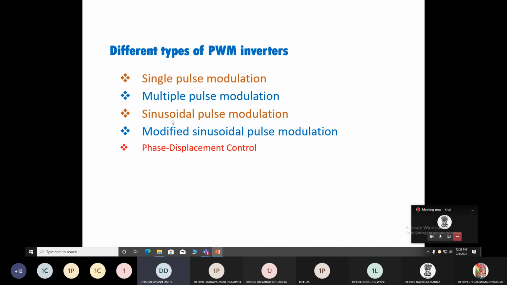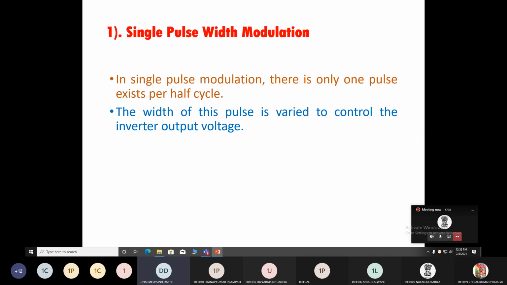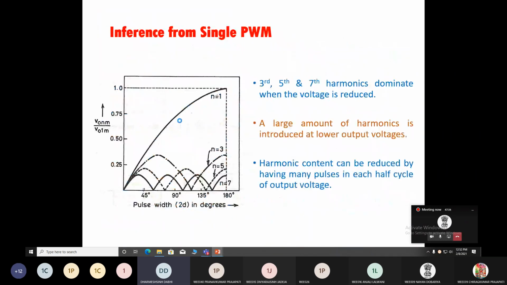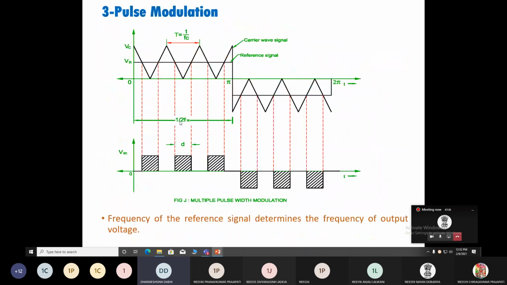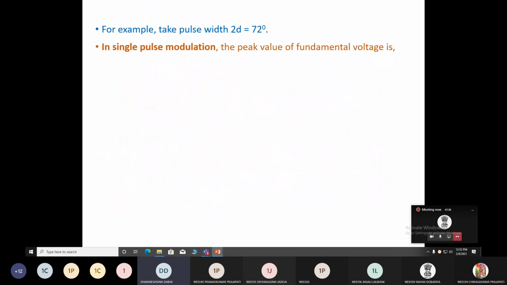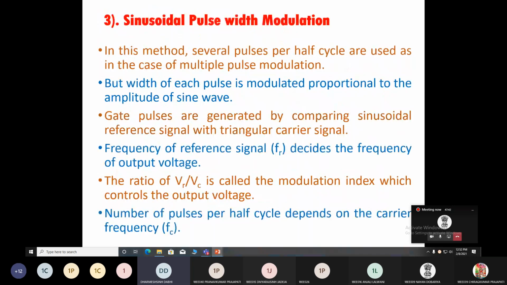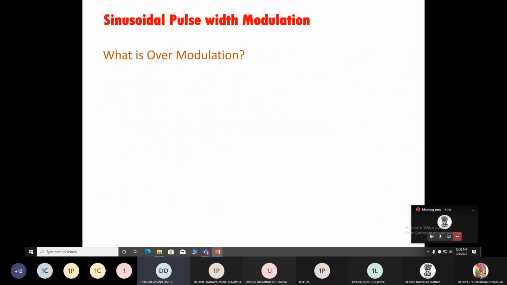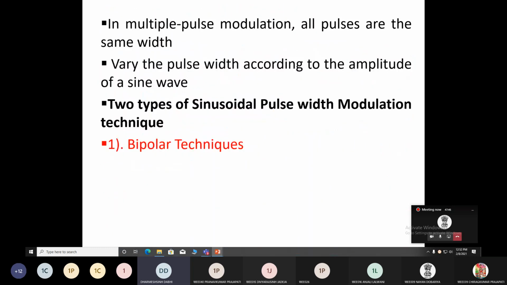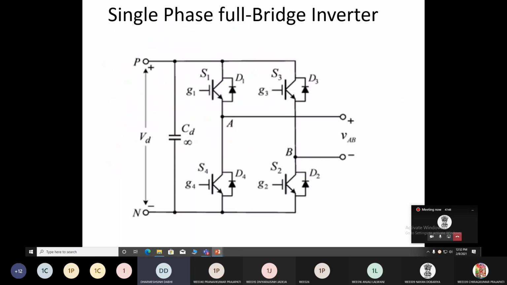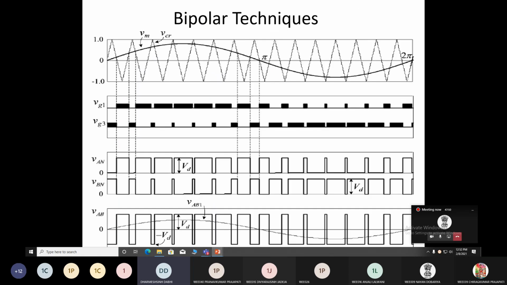Then we go for the sinusoidal pulse width modulation technique, in which there are 2 categories. First is the bipolar technique and another is the unipolar technique. In the bipolar technique, as we discussed in the last lecture and last lab session, you get the dominant harmonic for 1000 Hz carrier frequency at the 20th order. The 20th order harmonic is the dominant harmonic in the bipolar inverter.